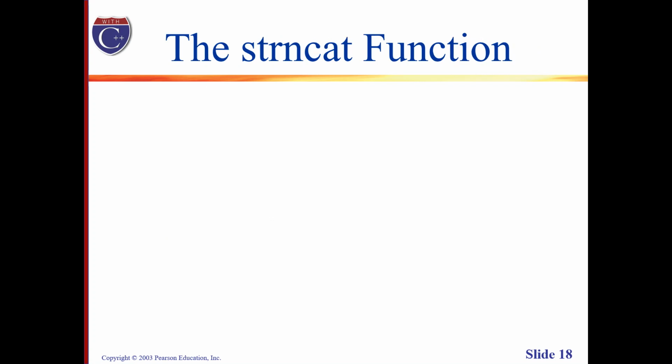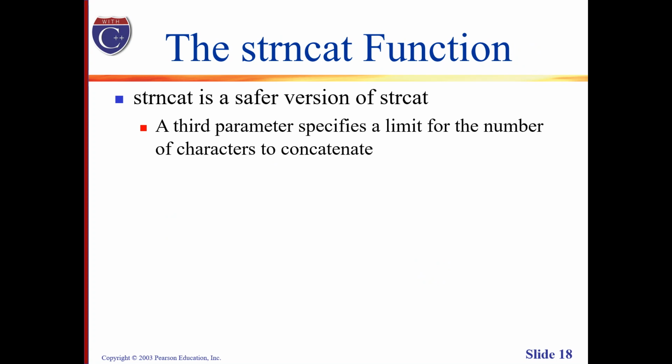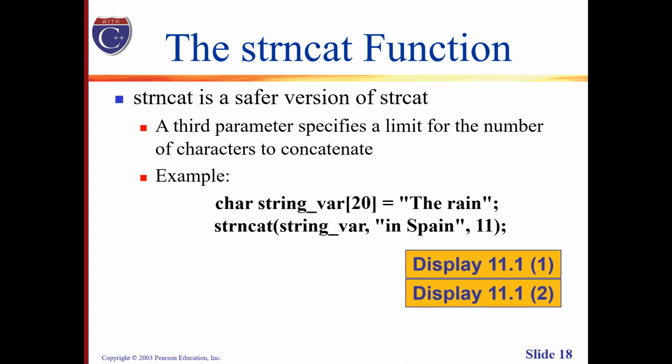Talking more about the strncat function, it is said that it is the safer version of strcat, although they serve the same purpose. A third parameter specifies a limit for the number of characters to concatenate. For example, we have the following.